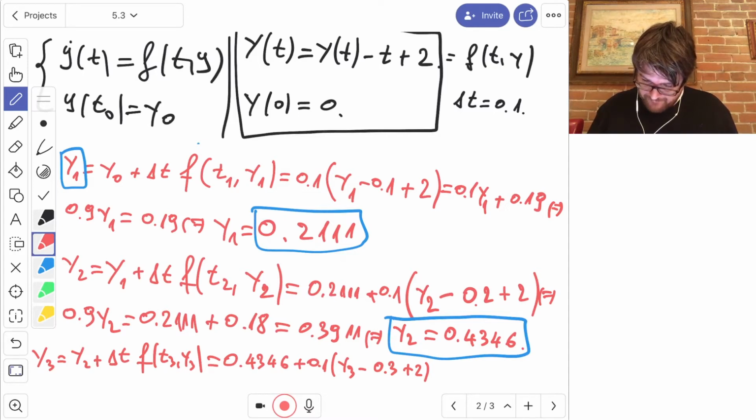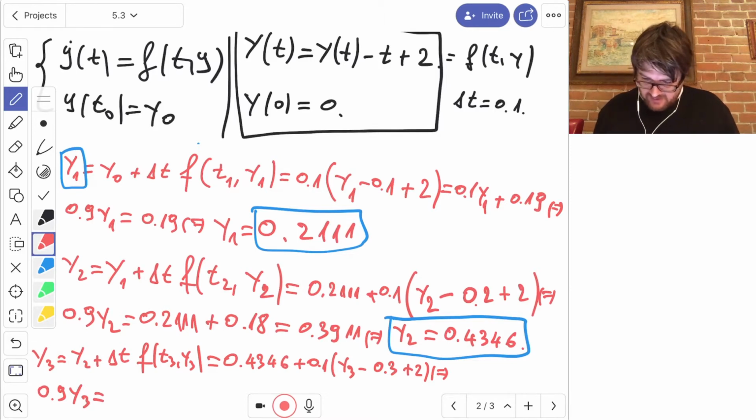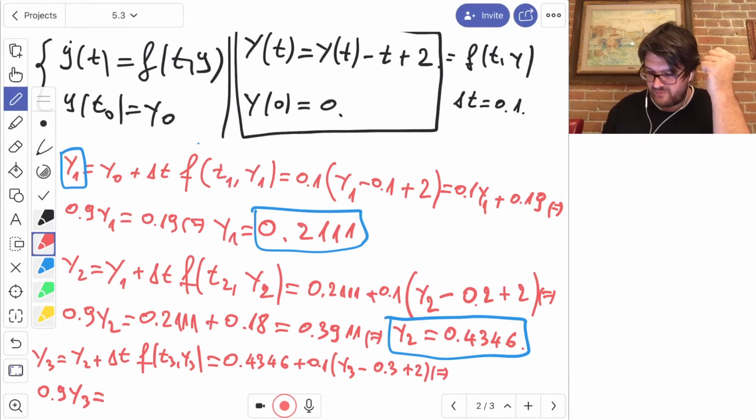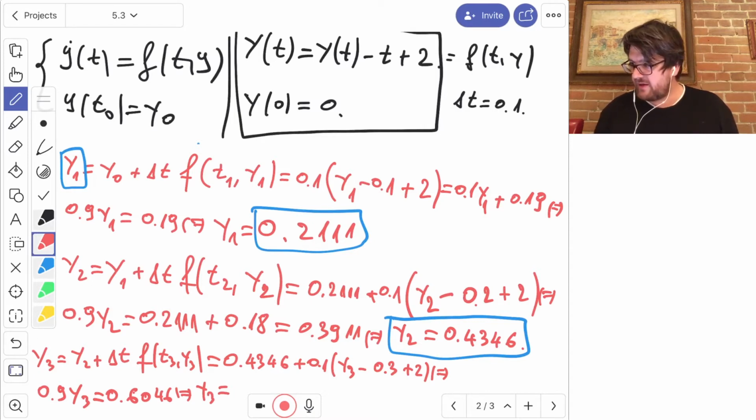So now let's do it in one go. 0.9 y3 is gonna be equal to, let's try to do it directly, 0.17 plus 0.4346, which is 0.6046, which means y3 equals 0.6718.